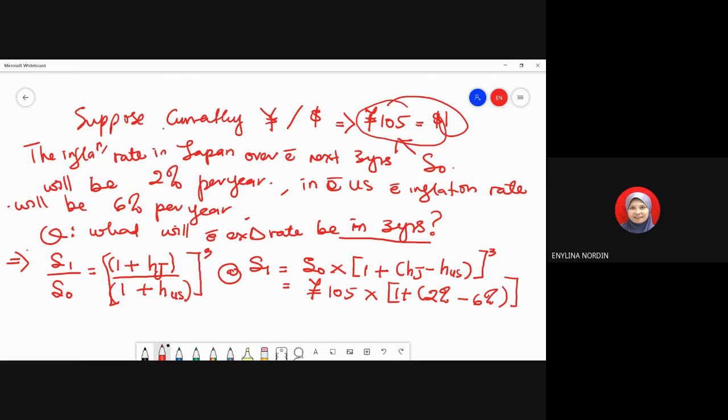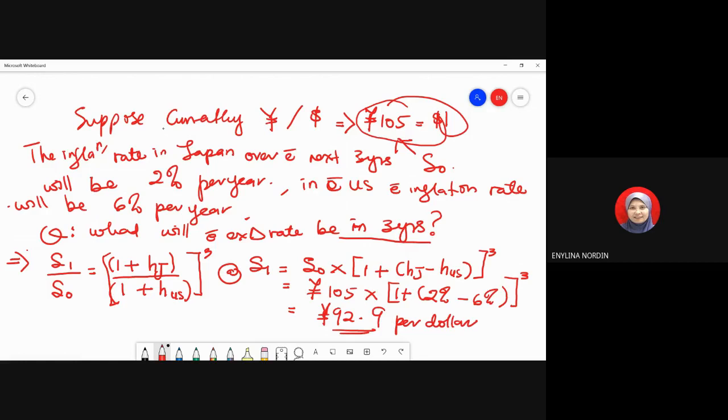Then 1 minus 4%, you convert to 0.04, and then to the power of 3. Then you will get yen 92.9 per dollar.